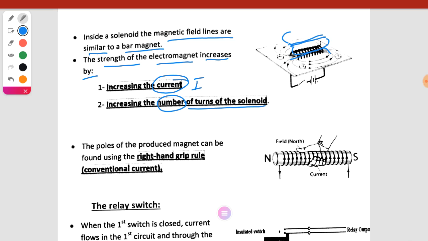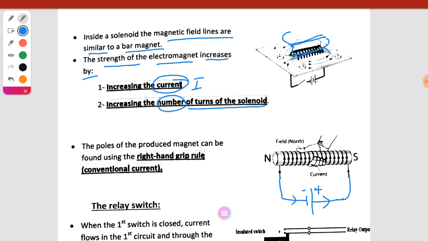This solenoid can be used to determine the direction of the magnetic field. If this solenoid is connected with a battery, this is the north pole and this is the south pole. Current flows from positive to negative and returns in a closed path.